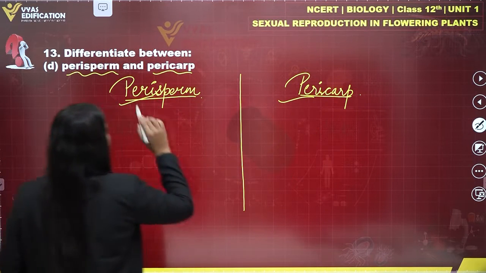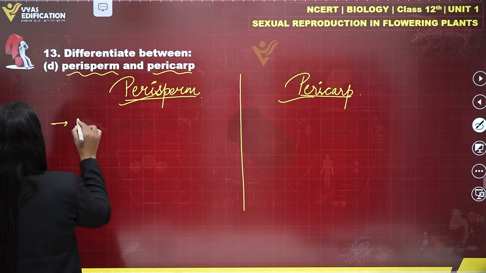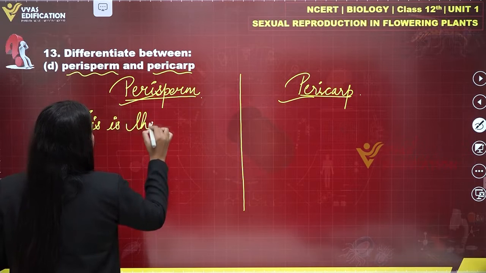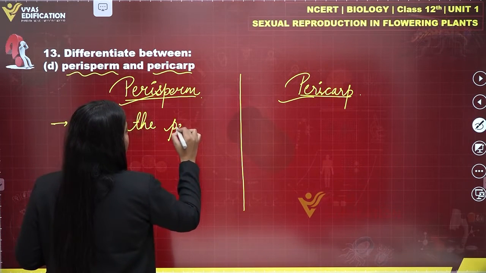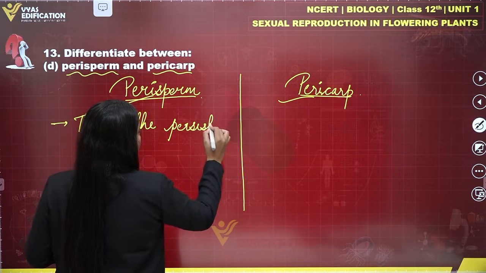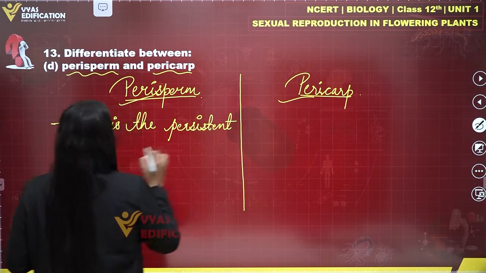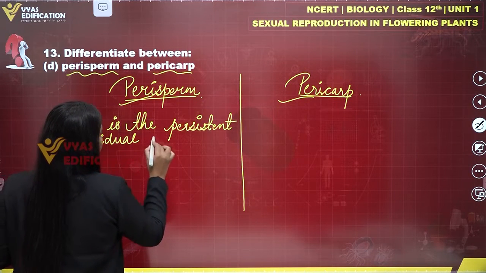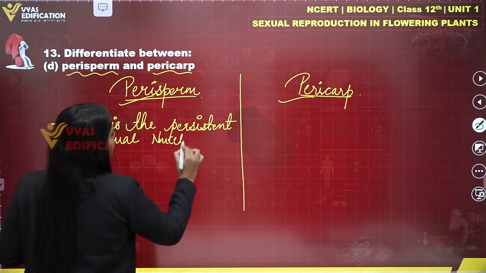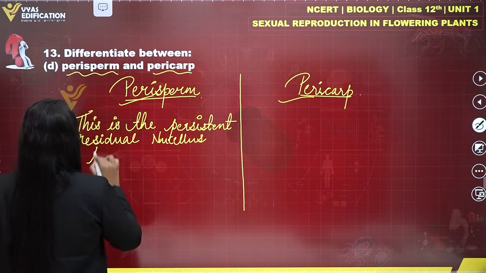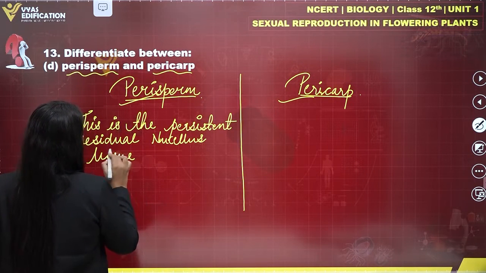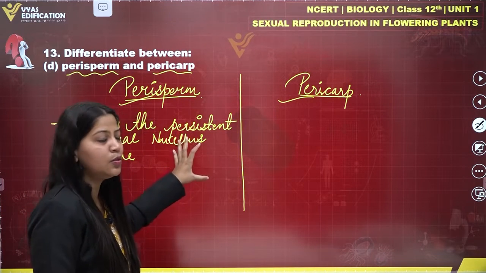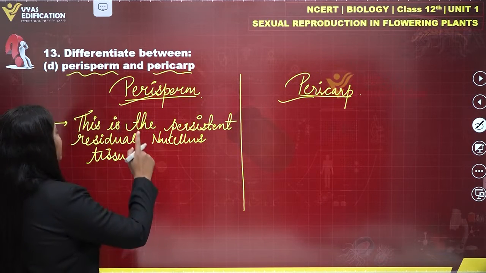If we talk about perisperm, this is the persistent residual nucellus tissue. This is the definition of perisperm. The persistent nucellus tissue in the seed is known as perisperm.